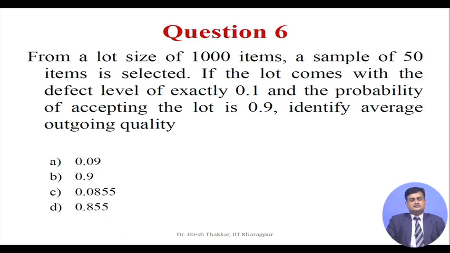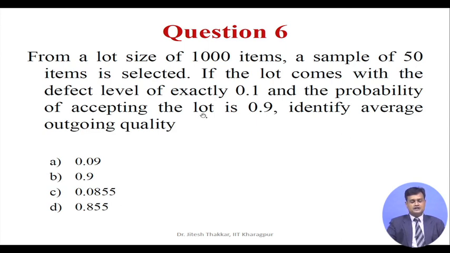Question 6. From a lot size of 1000 items, a sample of 50 items is selected. If the lot comes with the defect level of exactly 0.1 and the probability of accepting the lot is 0.9, identify average outgoing quality.